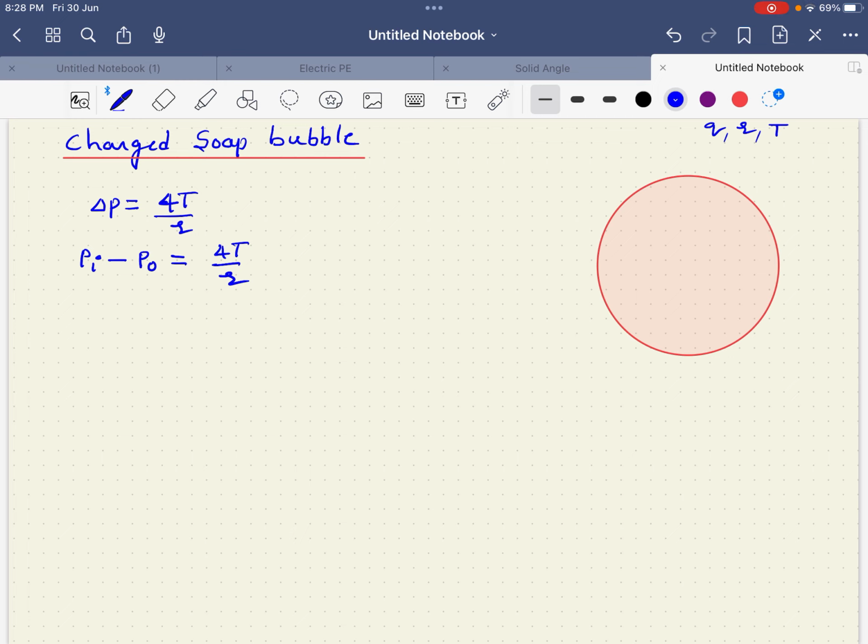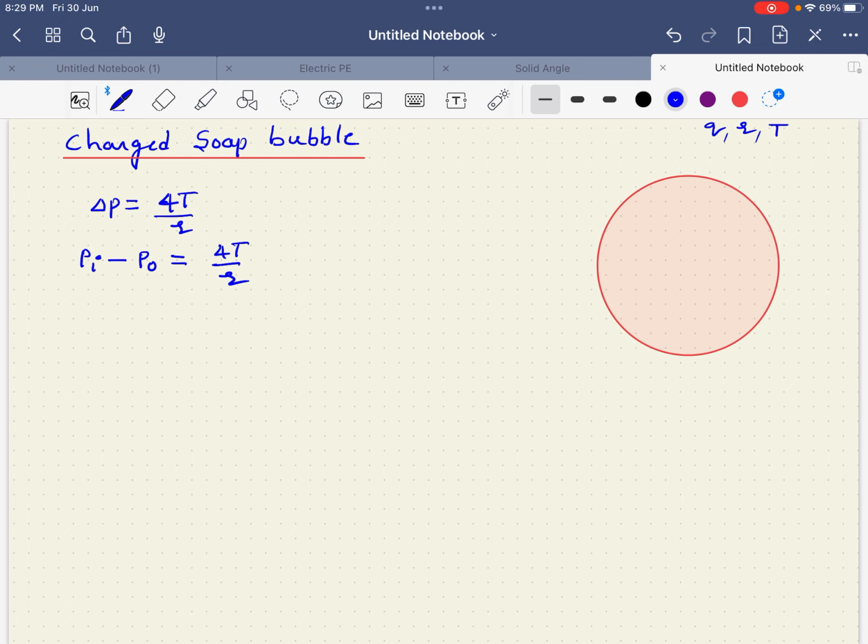Now, if you give a charge, due to that charge the radius of the soap bubble is going to be increased. That increase in radius we have to find.